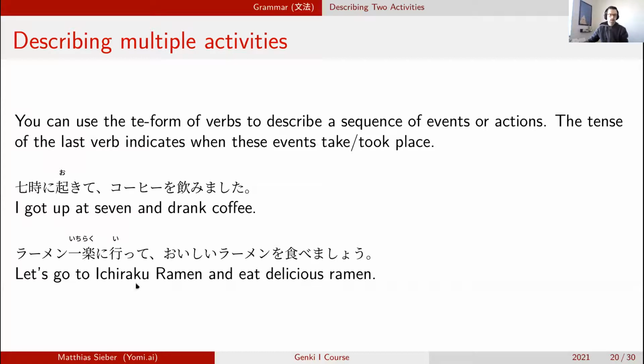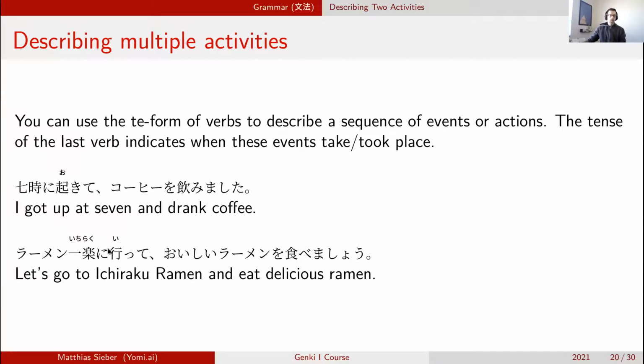And this is such an example too. ラーメン一楽に行って、美味しいラーメンを食べましょう。 ラーメン一楽に行って just means to go to Ichiraku Ramen, right? 美味しいラーメンを食べましょう means let's eat delicious ramen.